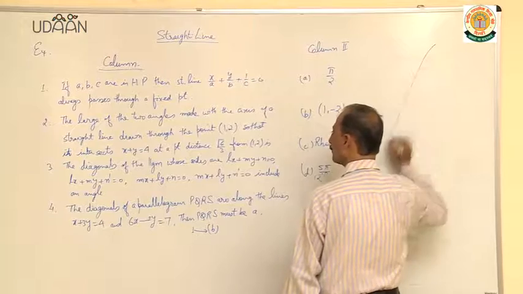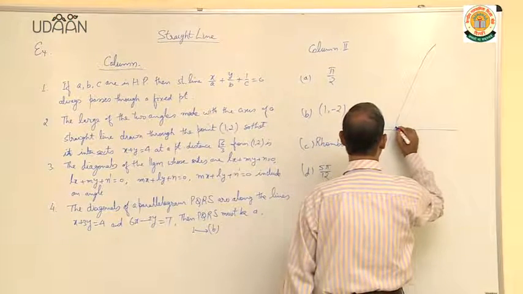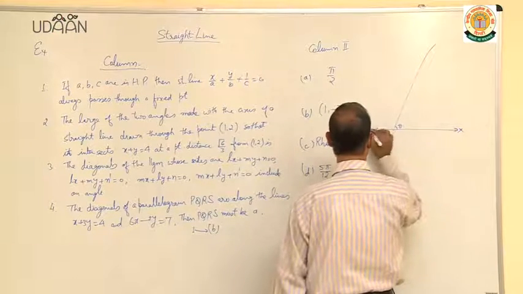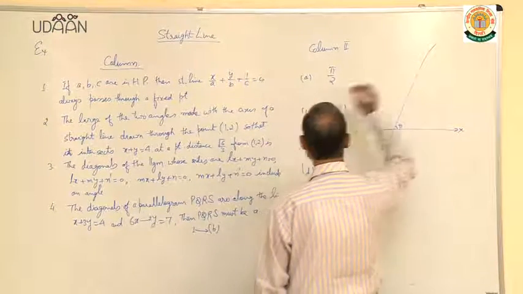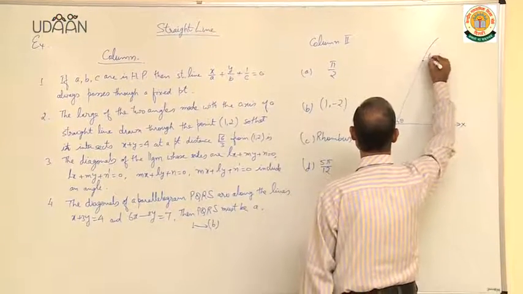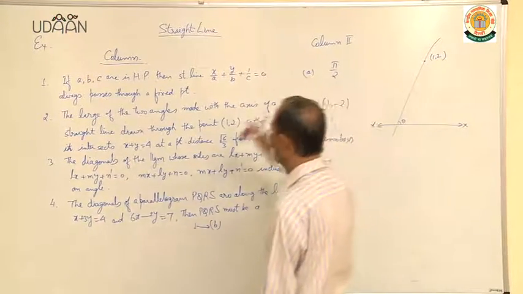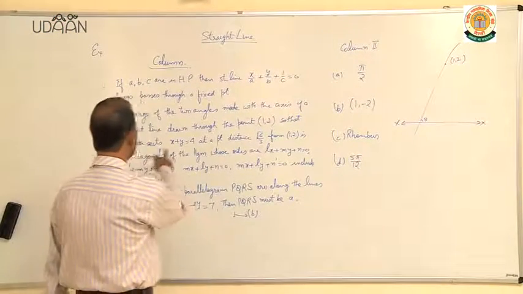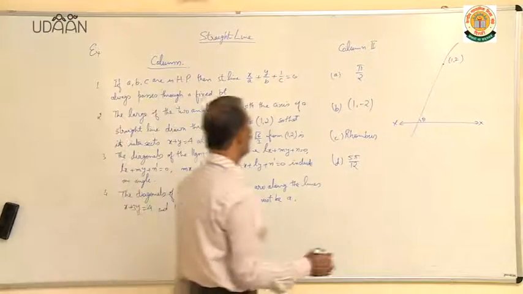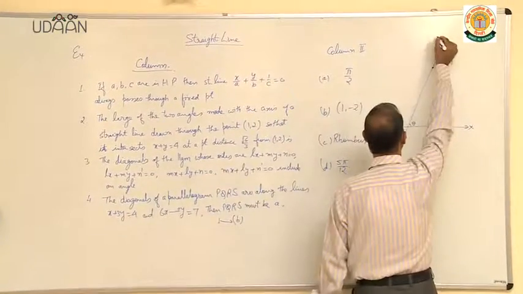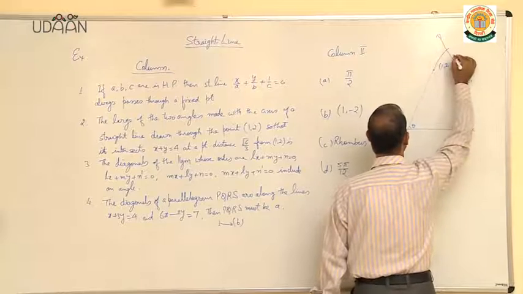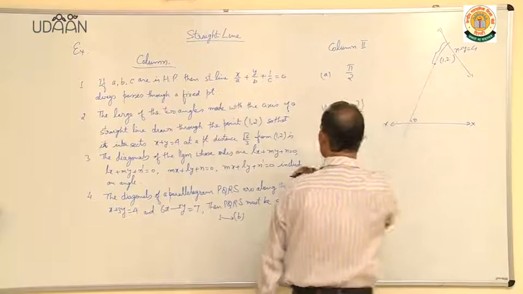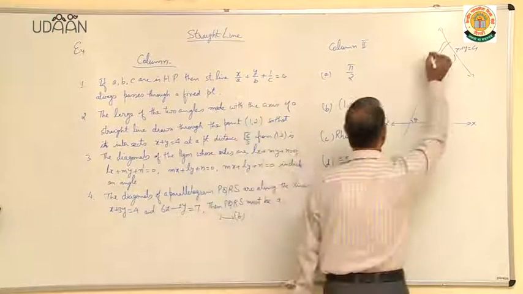So now suppose it makes the angle theta with the x-axis, and the point is given here (1, 2). Another line is given here, say this is the line whose equation is x plus y is equal to 4, and this distance is given here as root 6 upon 3.